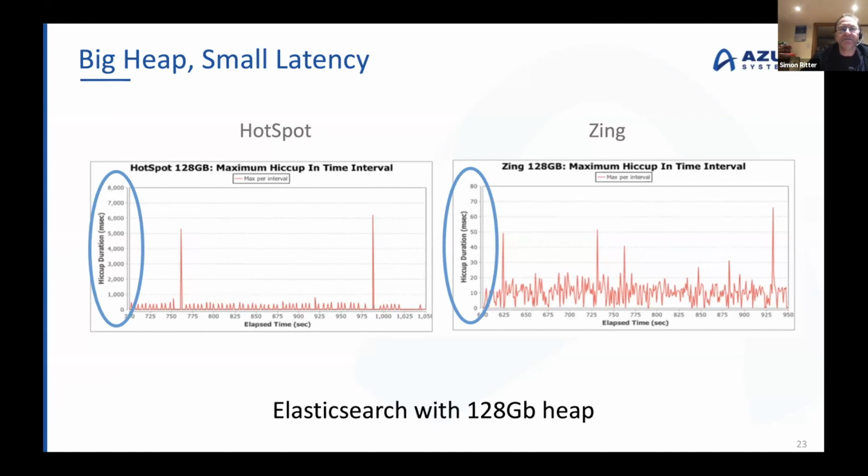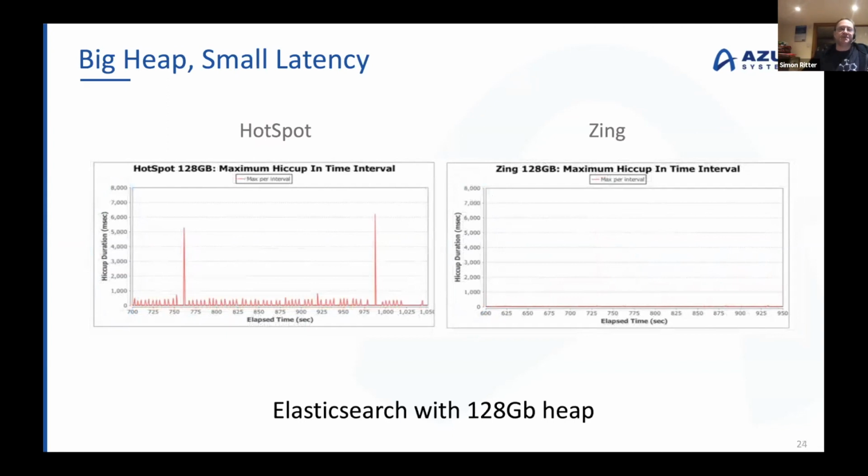And if I change the scale on the graph for Zing to be the same, we see the effect. This is the kind of thing you want to show your boss. This is great, because essentially we've eliminated all of the garbage collection pauses that you expect for the minor GC and the major GC pauses. Those half-second pauses, those 5.5, 6.5 second pauses have just disappeared.